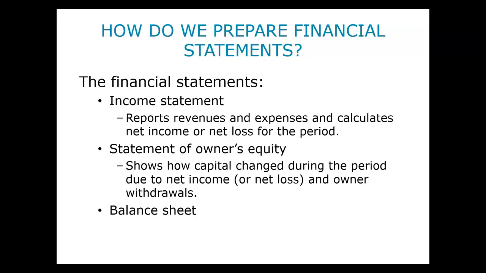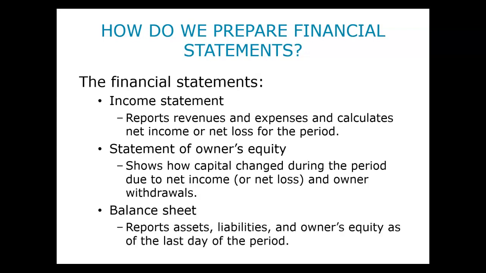Okay? And then we've got the balance sheet. You did that the last couple of days. Remember, balance sheets just show the assets, liabilities, and owner's equity as of the last day of the period. And it shows that our accounting equation is good. In other words, assets equal the total of liabilities plus owner's equity.